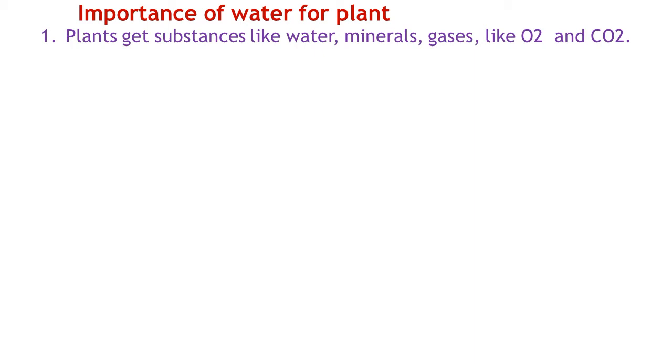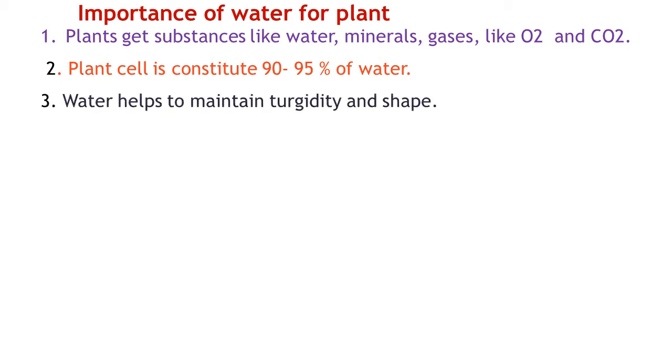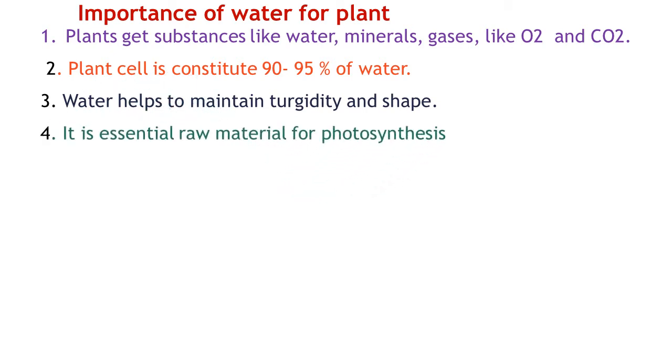Plants get substances like water, minerals, gases like O2 and CO2. Plant cell is constituted of 90 to 95% water. Water helps to maintain turgidity and shape. It is an essential raw material for photosynthesis.